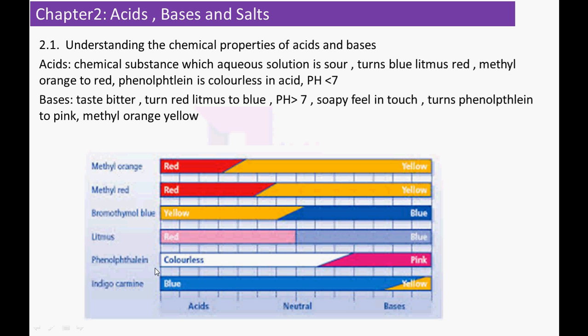You need to know more about phenolphthalein, litmus and methyl orange. These are the 3 important ones for us. You can see litmus becomes red in acid and blue in bases. Phenolphthalein is colorless in acid but pink in base. Methyl orange is red in acid and yellow in bases.